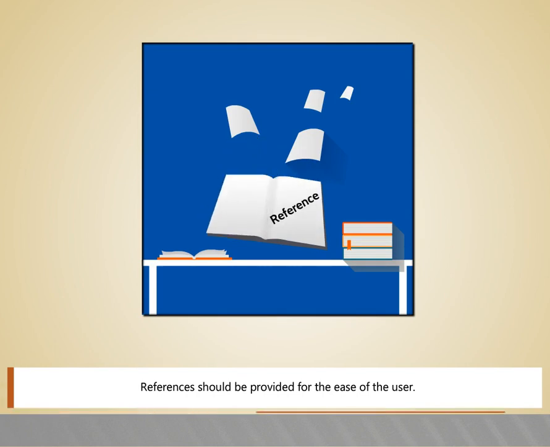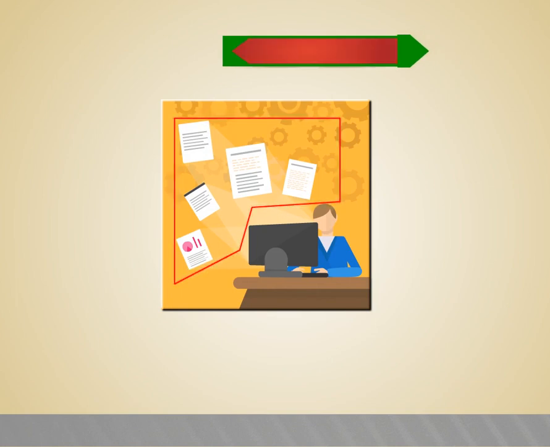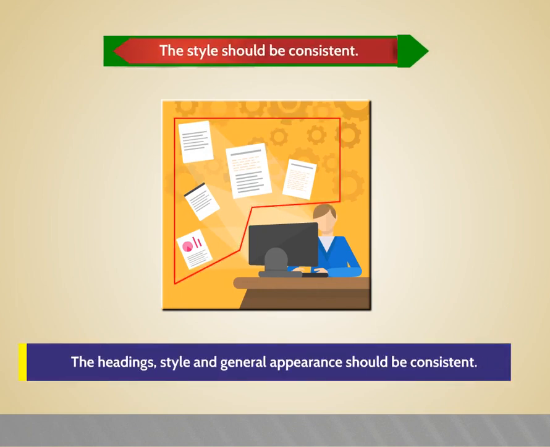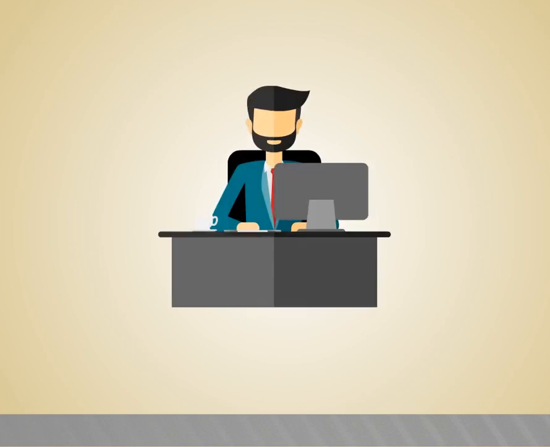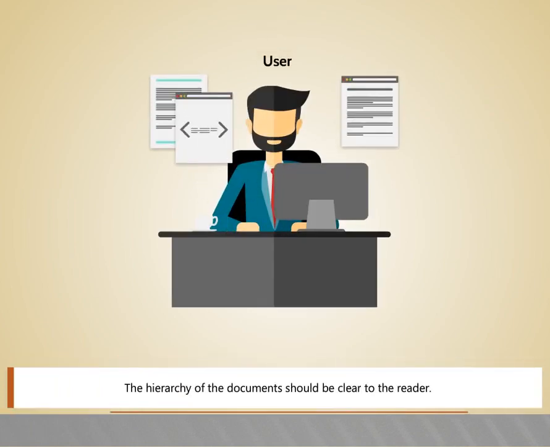References should be provided for the ease of the user. The style should be consistent. The headings, style, and general appearance should be consistent. The hierarchy of the document should be clear to the reader.